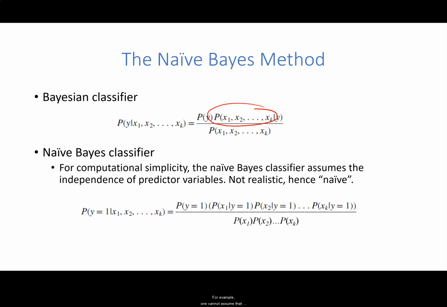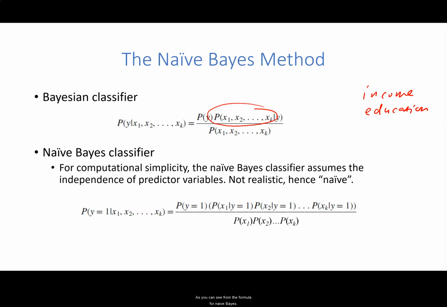For example, one cannot assume that variables such as income and education attainment are independent of each other, because in most cases, higher educational attainment often translates to higher income. However, making this assumption would make the Bayesian classifier feasible in solving real-life problems.